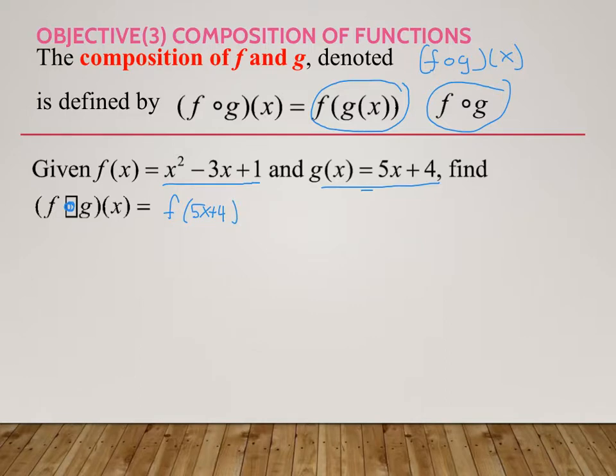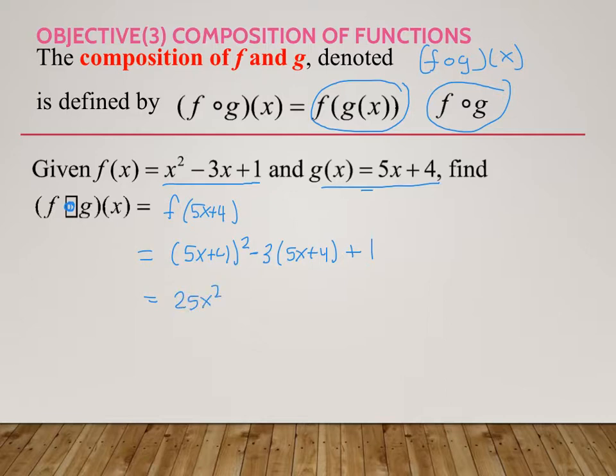Now we're just going to insert the 5x plus 4 wherever the function is for f of x, and we can do that. That's 5x plus 4 squared minus 3 times 5x plus 4 plus 1.